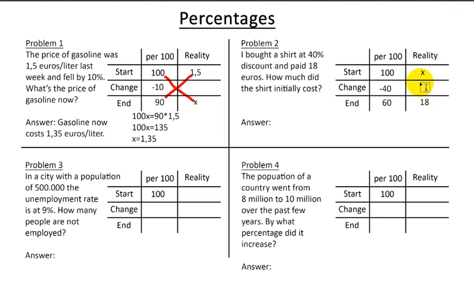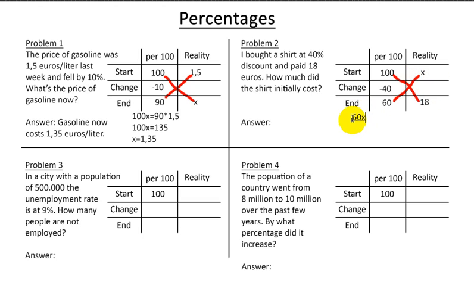So this is where I would have put the unknown if it asked me, how much did I not pay? Okay, so let's see. I'll take the cross product again. So 100 times 18 needs to be equal to 60 times x.